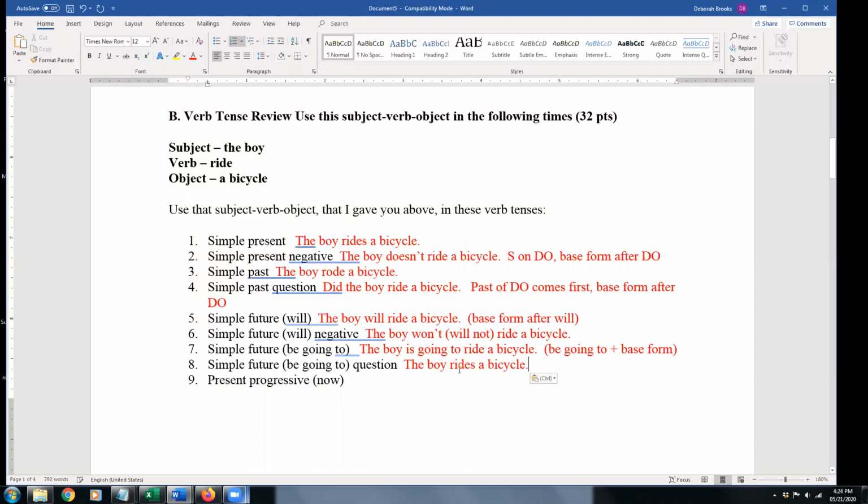In the question, what we do is take that is going to ride, we take that is and put it in front. When you do that, you have to fix the capital letters. Is the boy going to ride a bicycle? And make sure you have a question mark at the end.